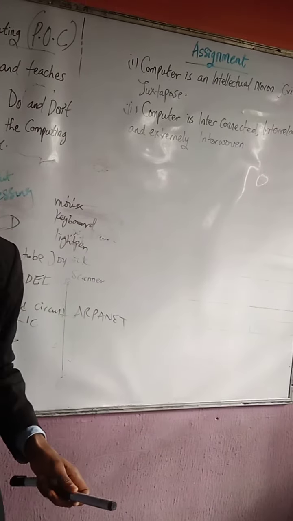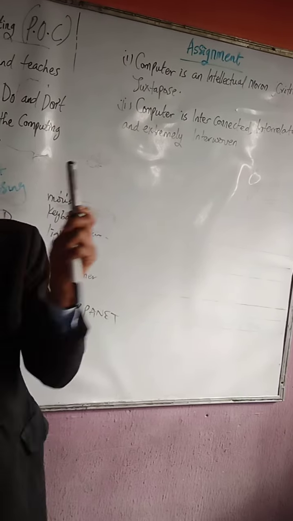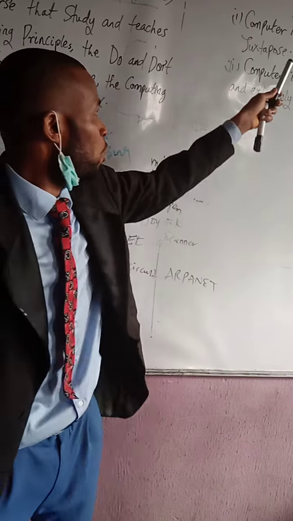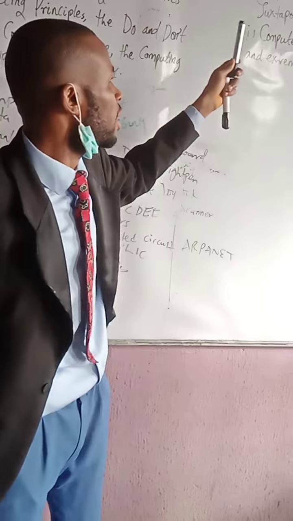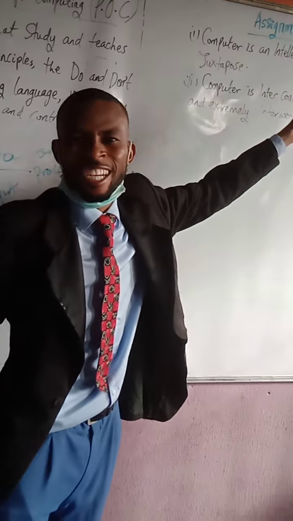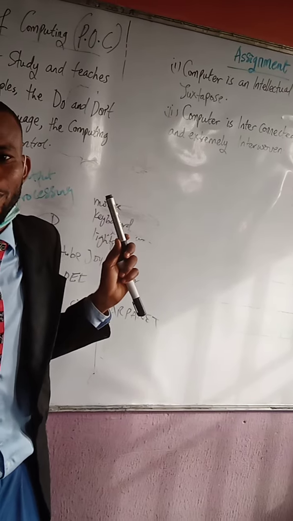I've given the answer based on my explanation. If you are not getting the answer, you can listen to my lecture again so that you can get the answer. Take time to listen to it very well. I don't want to talk more on it because it requires a gift.